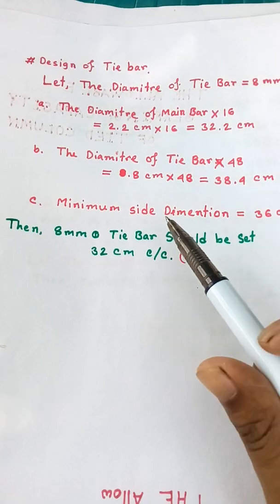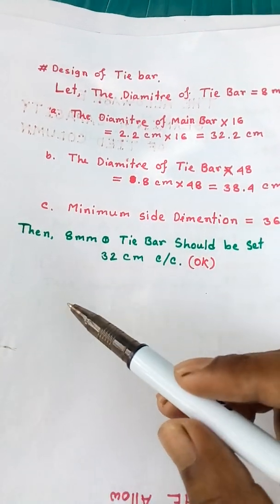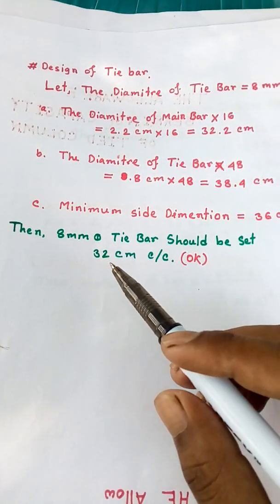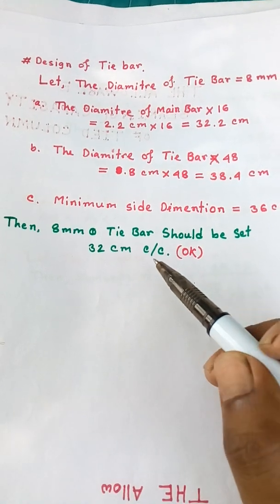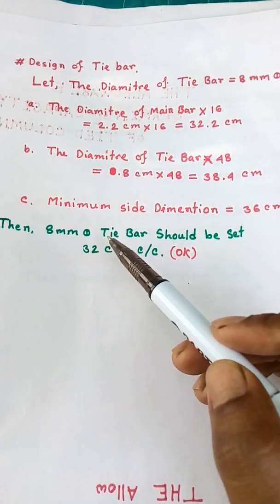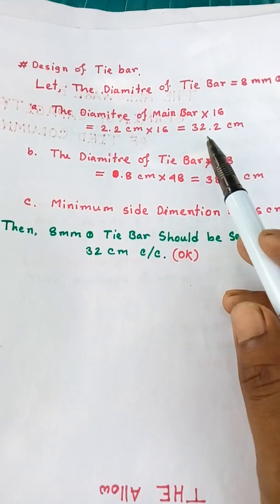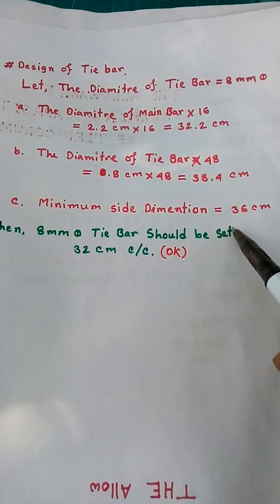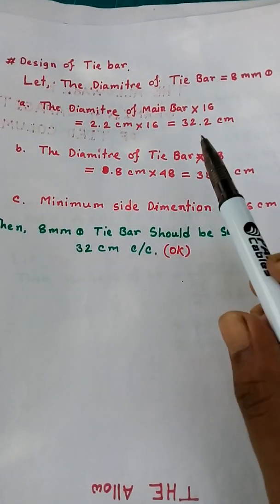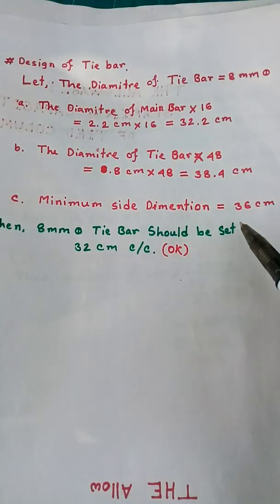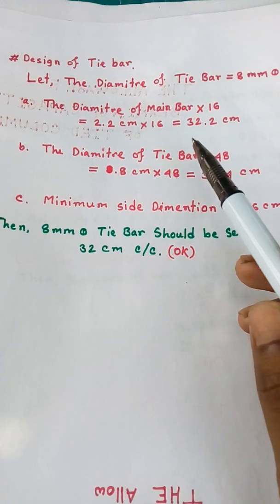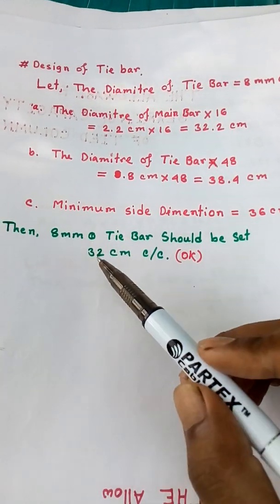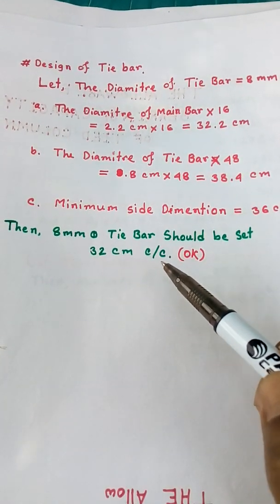From these three dimensions we can say this is the smallest, so the spacing should be 32 centimeter center to center of tie bar.